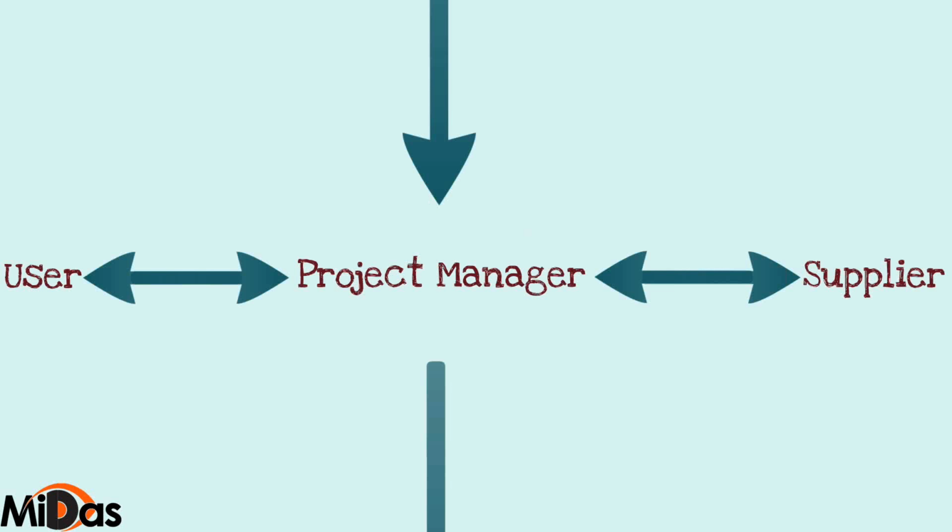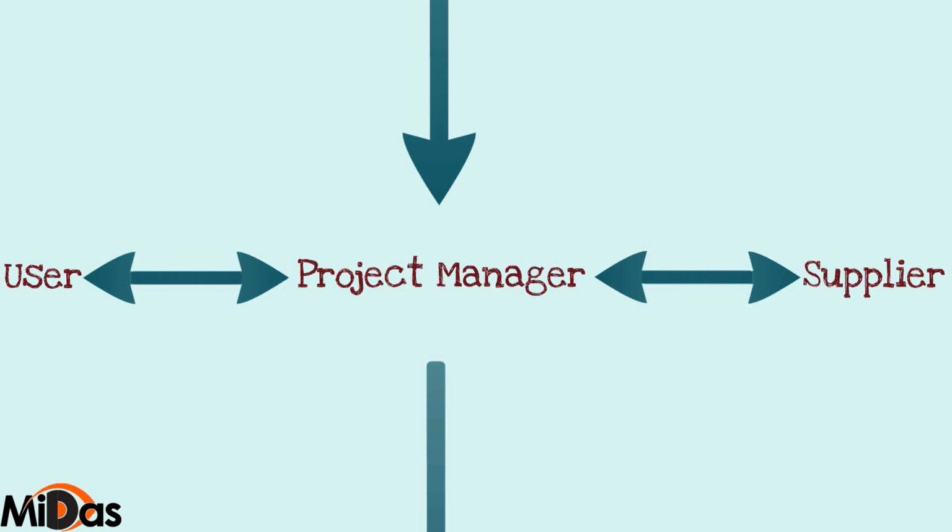Now, in this type of organization, a project manager would on a daily basis interact with suppliers and users, and he'll be breaking his head over almost everything within the project. The user would be telling him, this is what I'm expecting. The supplier would have his own interest within the project and might come with his own issues.